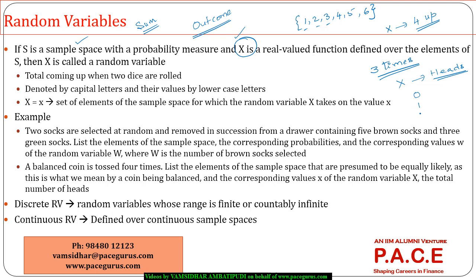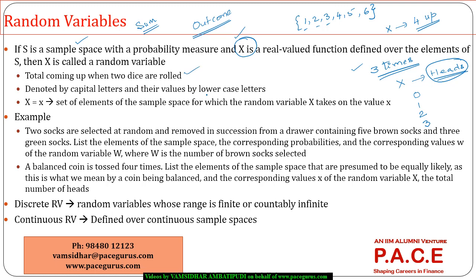There is a possibility that I will get 1 head, 2 heads, 3 heads. So when I am saying X is the number of heads coming up when I am tossing a coin 3 times, it can take a value 0, 1, 2, or 3. That is what we are denoting when we are calling it a random variable, because that outcome could be very much random.